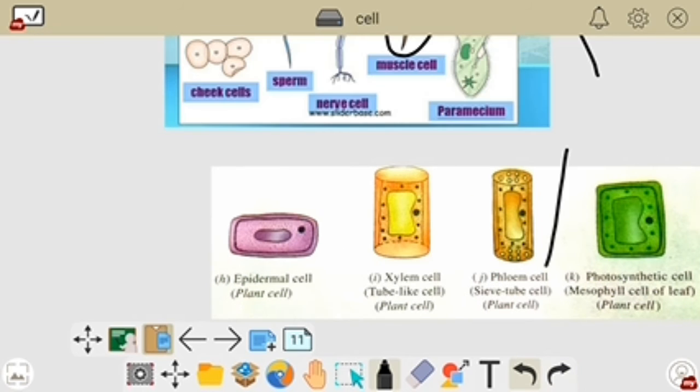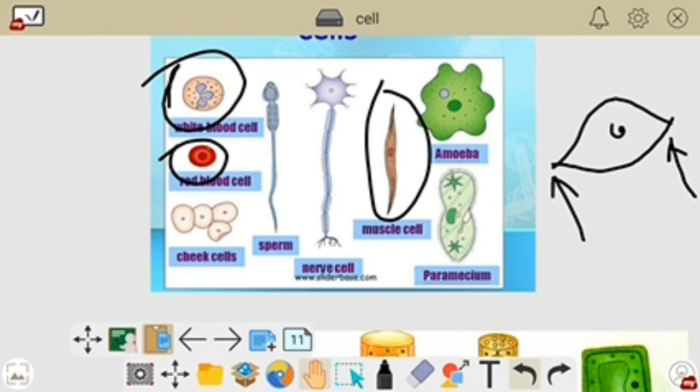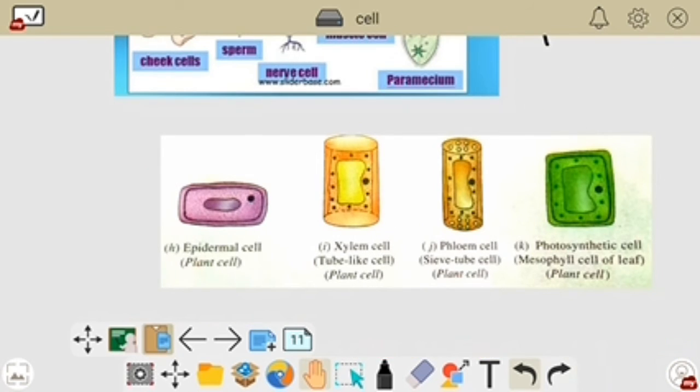Before that, you have to know that in the human body there are 20 types of cell. So let's see what the plant cells are. Xylem cell, phloem cell, photosynthetic cell and epidermal cells are the plant cells.